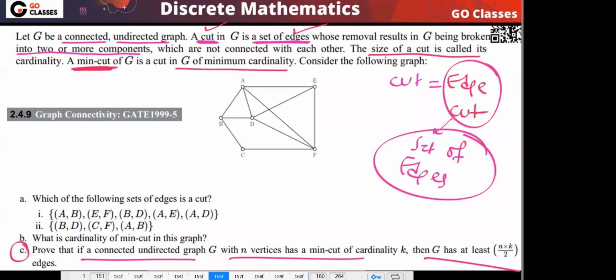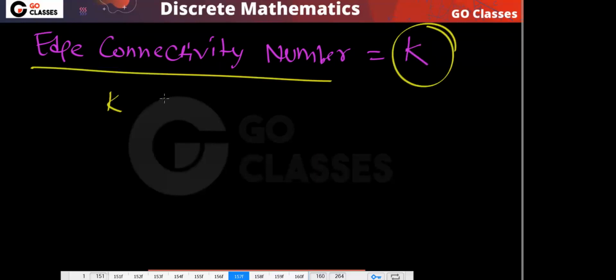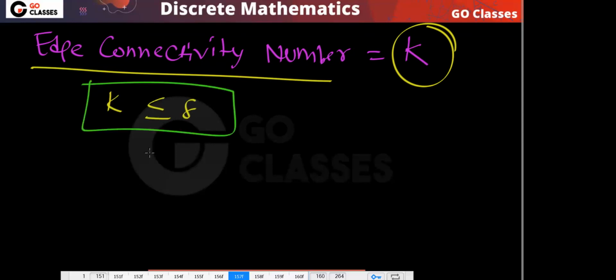See, it is already given that you have n vertices and the minimum edge cut, basically the edge connectivity number, is k. We already know that this k is less than or equal to delta.